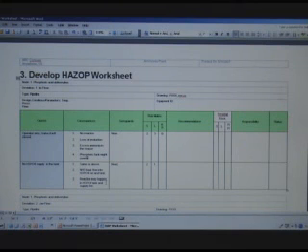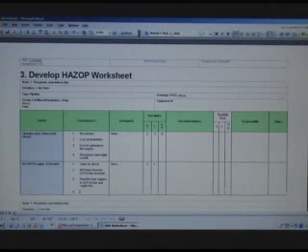Do I have any more consequences? Yeah, because you may have a different material for the line, different... I don't know how to spell.